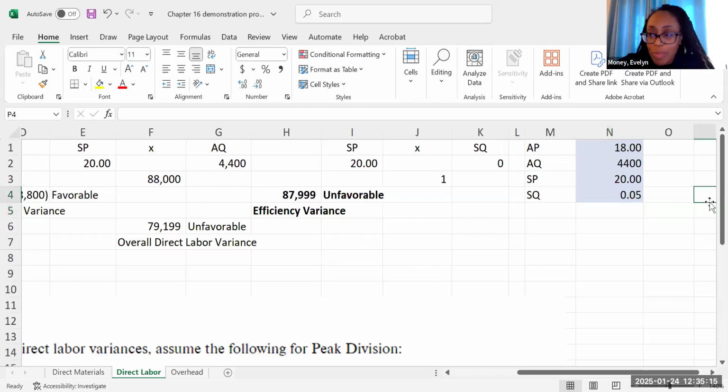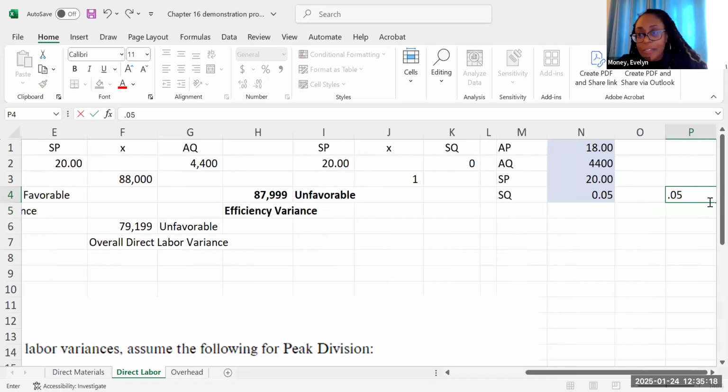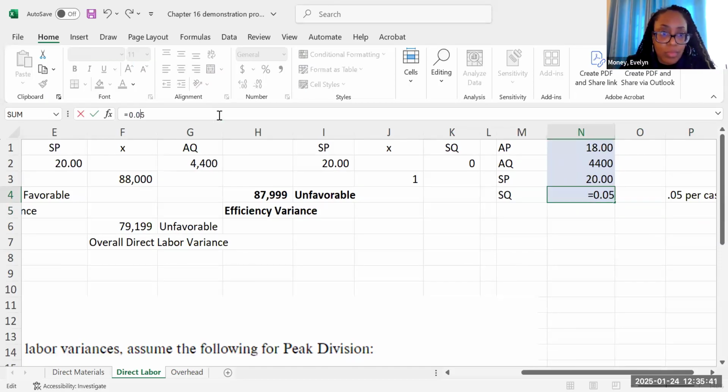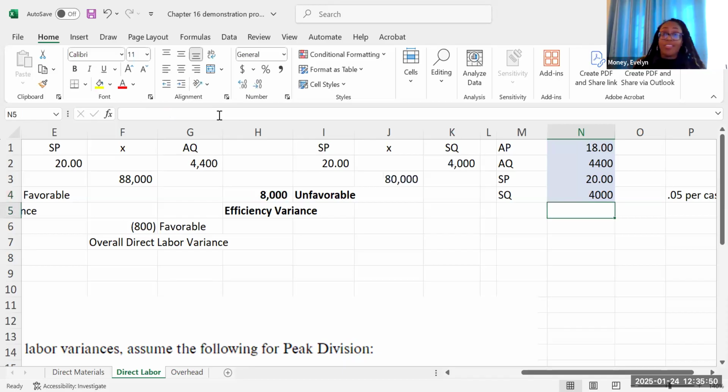I have to remember to multiply this 0.05 per case by the actual number of cases that we produced of 80,000. So now let's see if that's comparable. That's better. 4,000 compared to 4,400. So it looks like we worked 400 extra hours.